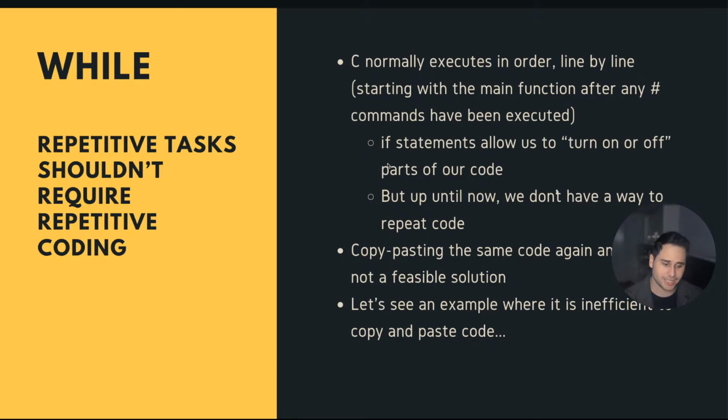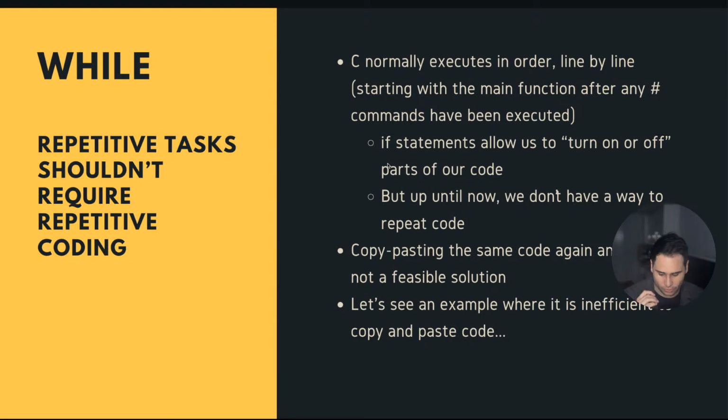It just runs in sequence. We can control that sequence, remember, with if statements. So we can say, if some condition is true, do something. If some other condition is true, do something else. So only one of the branches will execute, for example. We can do that. But again, we have no way to repeat ourselves. Our programs execute and they just run through to the end of the program.